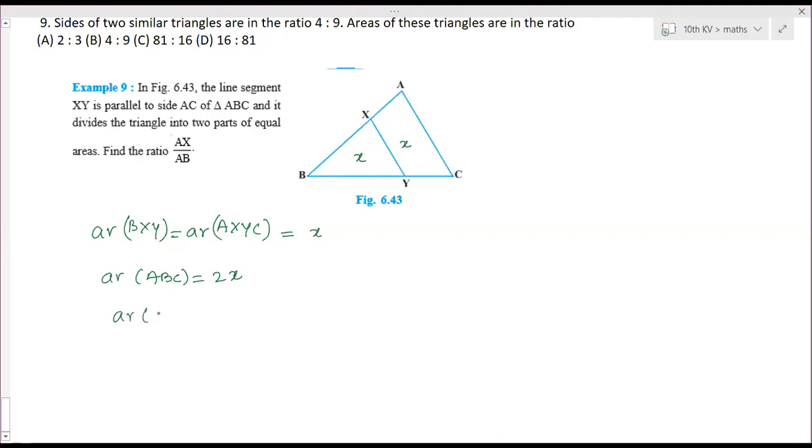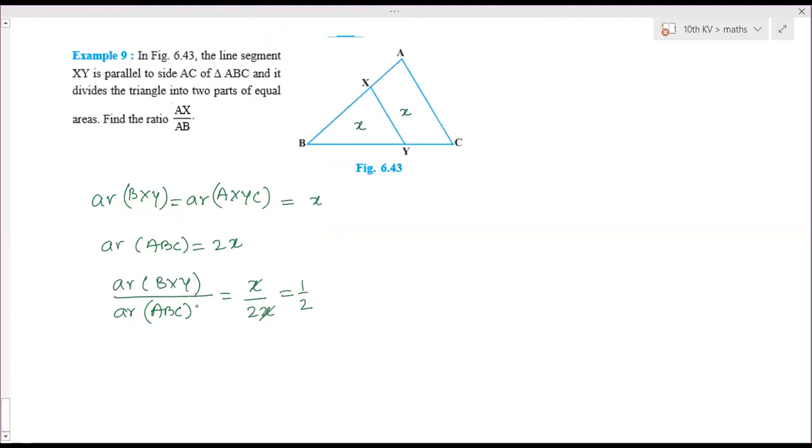So what is the area of BXY by area of ABC? x by 2x. This gets cancelled. This is equal to 1 by 2. Clear? So BXY and BAC areas ratio is 1 by 2.